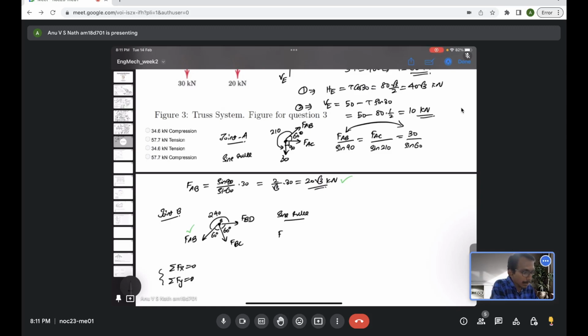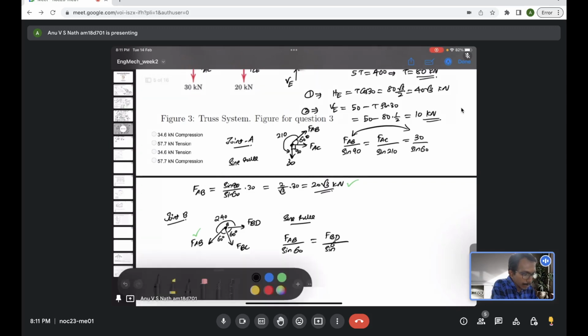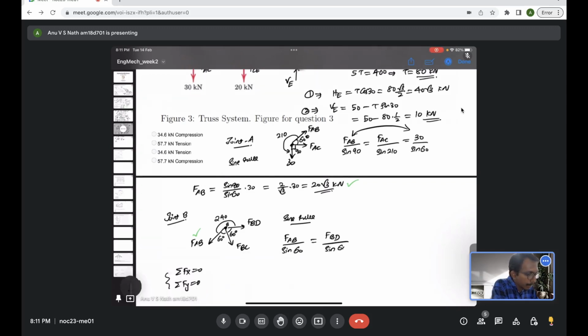So just FAB by sine of the opposite angle, which here is 60 degree, equal to FBD by sine of the opposite angle, which is also 60, and FBC divided by sine of the opposite angle, which is 240.